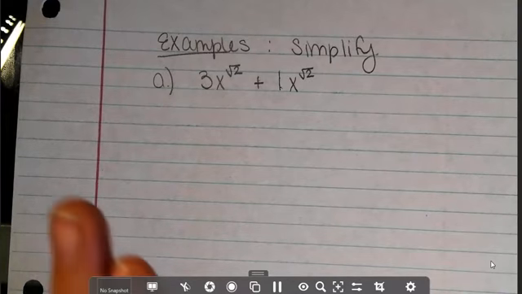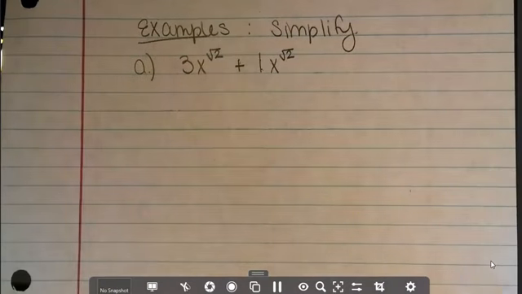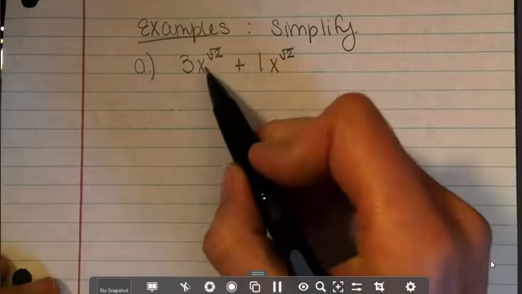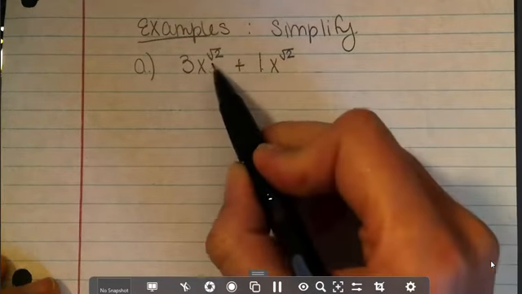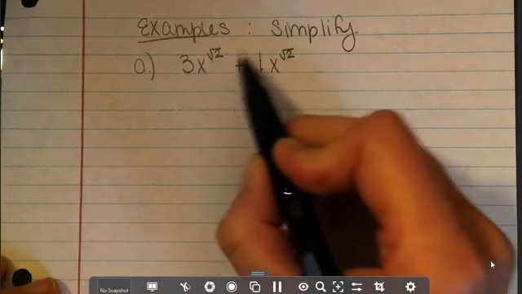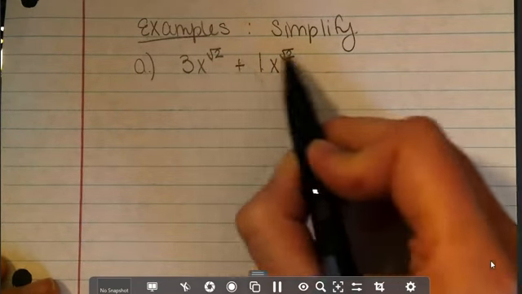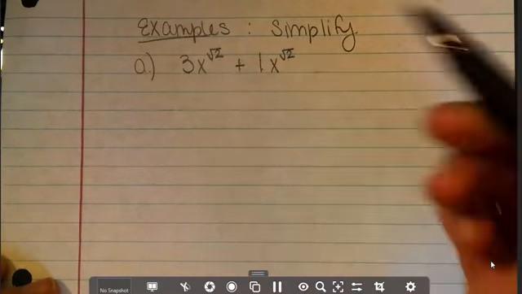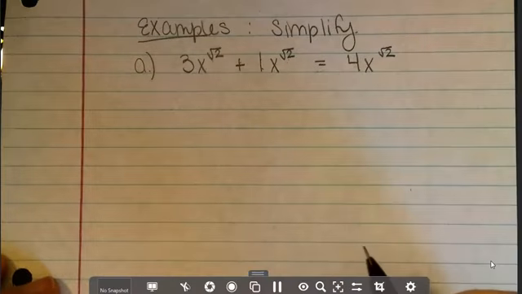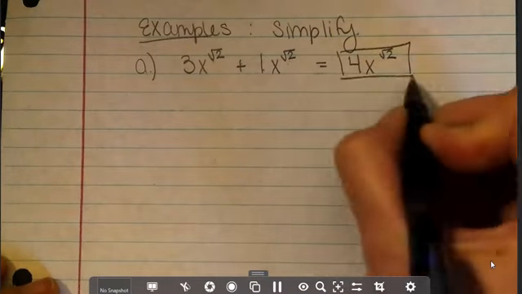So this is going to throw some of you for a loop, but you just got to remember that anytime you have like terms, they can be added together. They can be combined, right? And this is x to the root 2, x to the root 2. So they have the same exact exponent. So these are like terms, and they can just be added together. This is 4x to the root 2. It is simplified.